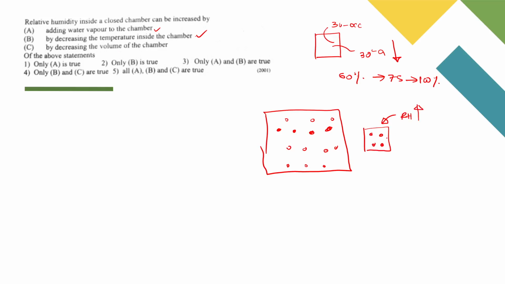Because the volume is less. But here these 4 students are in a huge volume where there is more space, so the RH is less. Therefore we understand that by reducing the volume also we can increase the RH. Therefore all ABC are true.